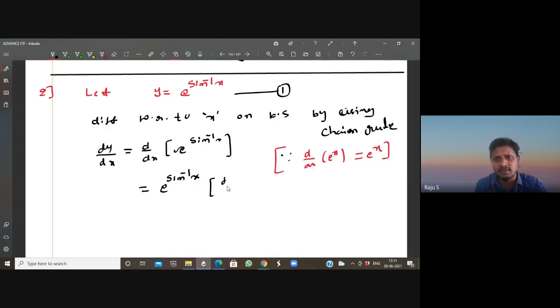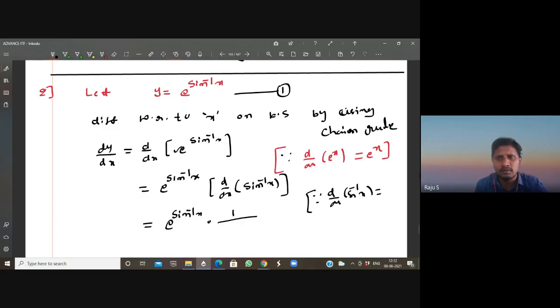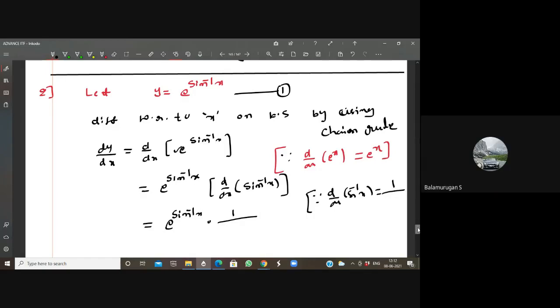Next sin inverse x is there. So d by dx of sin inverse x. Now e to the power of sin inverse x. What is the derivative of sin inverse x? Since you have to write like this, d by dx of sin inverse x is equal to what? Students, 1 by root over 1 minus x square.